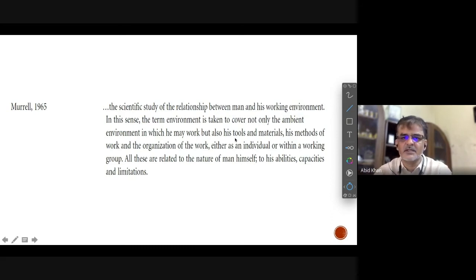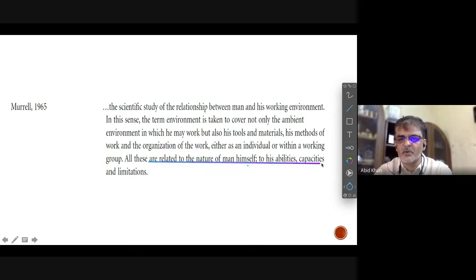Everything is considered as an environment, including his tools and materials, his method of work and organization of work, either as an individual or within a working group. All these are related to the nature of man himself, to his abilities.